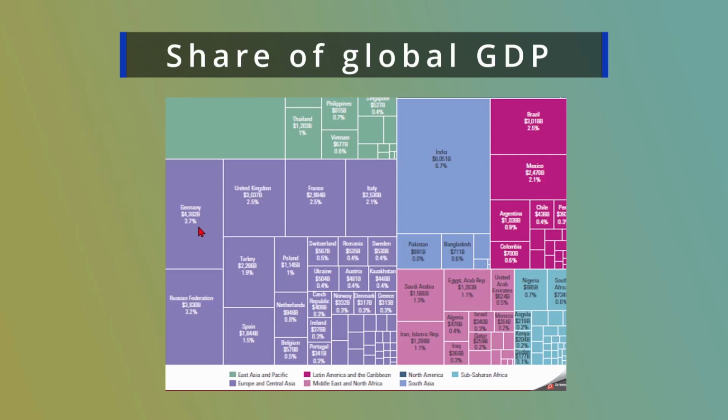It is 3.7%. In the case of the Russian Federation, the share was 3.2%. In the case of United Kingdom, it is 2.5%. All these countries are in the European Union. In the case of France, it is 2.5%. In the case of Italy, it is 2.1%.